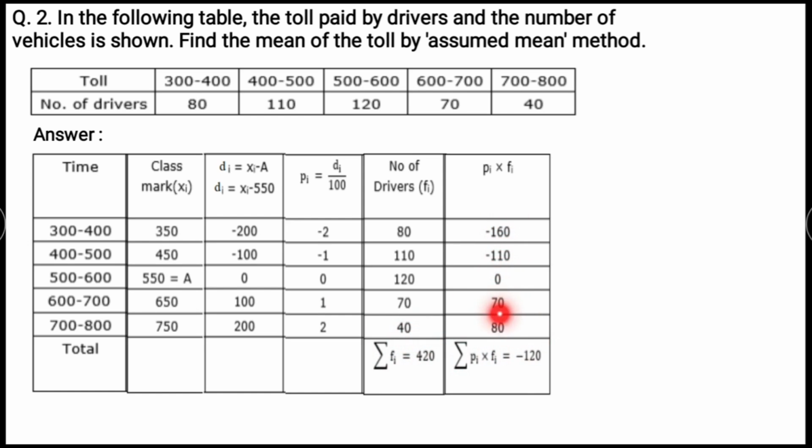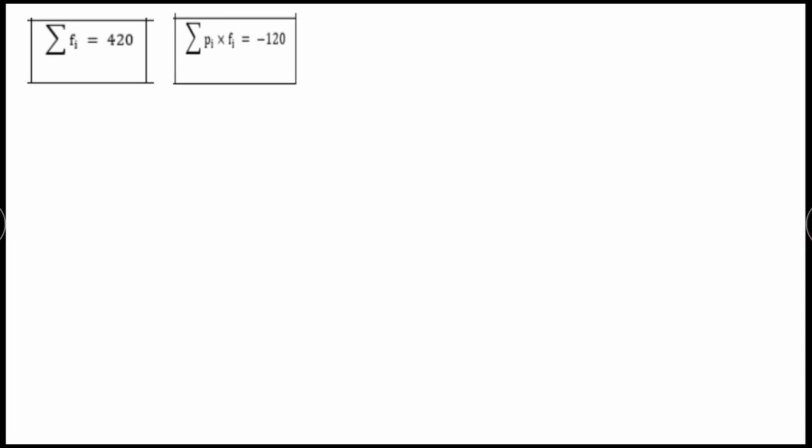After adding all these we get summation of pi into fi, which is minus 120. So we write summation of fi as 420, summation of pi fi as minus 120. Now we write the mean for p. So mean equals p bar equals summation of pi into fi upon summation of fi.